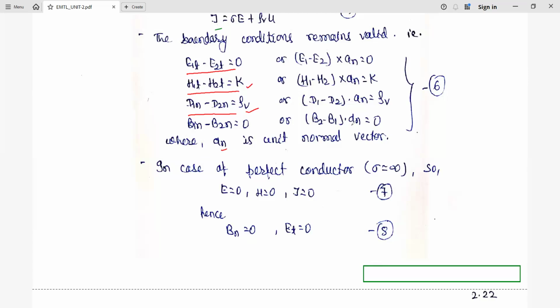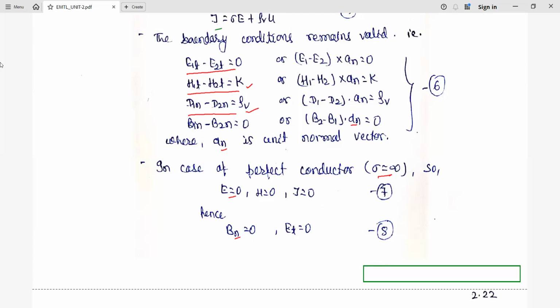An is used for the normal unit vector. And in the case of a perfect conductor, σ is infinity, so the electric field, magnetic field and J are 0, and Bn also will be 0, and the tangential component is going to be 0 in this case.